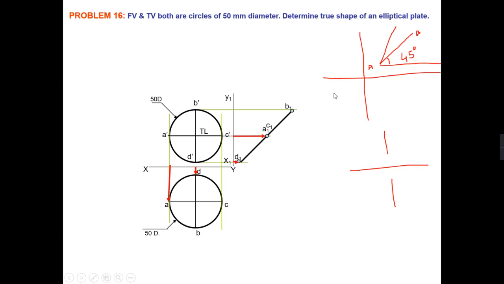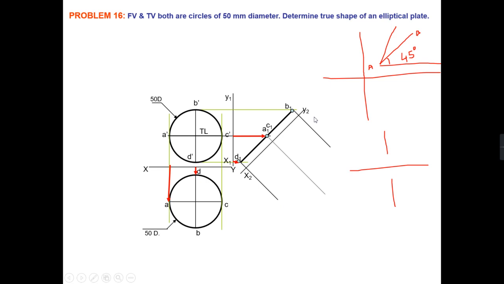So I will mark a straight line, then I will take the distance of the points from the XY line of these points B, C, A and D, and I will mark it from the X2, Y2 on the lines that we are going to draw from the B1, A1, C1 and D1 in the perpendicular direction to the X2, Y2.